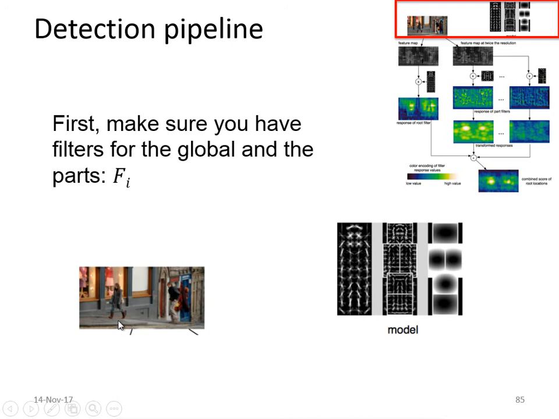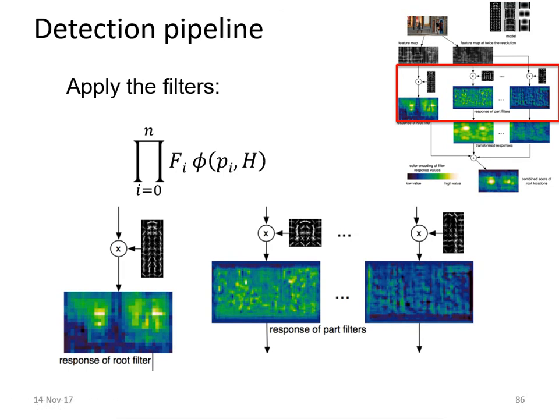Then, just like in Dalal-Triggs, you look for people using the root filter. Also you apply the part filter to the same HOG features. So you have a response for the root filter and a response for the part filter.